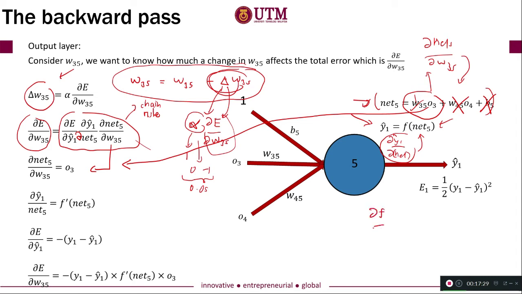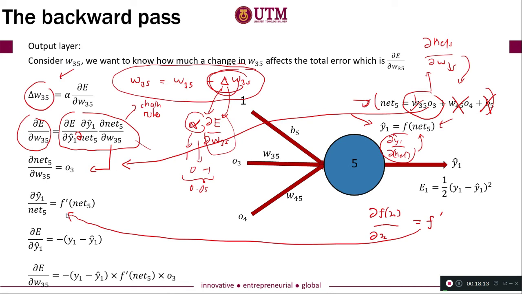Let's say this is your function f; if I talk about del f over del x, I just replace it with the symbol f apostrophe. That means it's the derivative of this activation function over net 5. Just put it first; later we can set what type of activation function you want, and once you know it, you simply replace that notation by the derivative of that function.